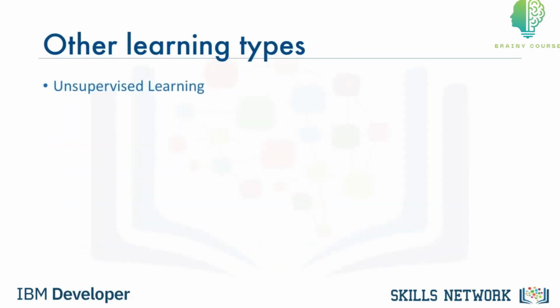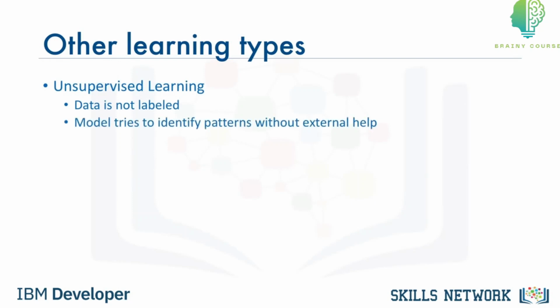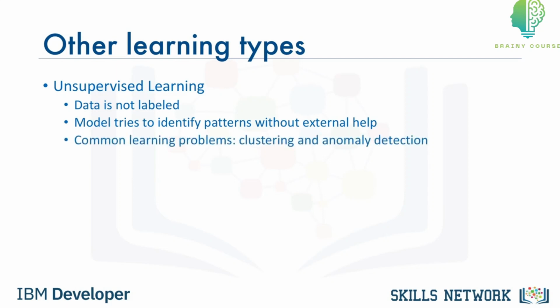In unsupervised learning, the data is not labeled by a human. The models must analyze the data and try to identify patterns and structure within the data based only on the characteristics of the data itself. Clustering and anomaly detection are two examples of this learning style. Clustering models are used to divide each record of a dataset into one of a small number of similar groups.